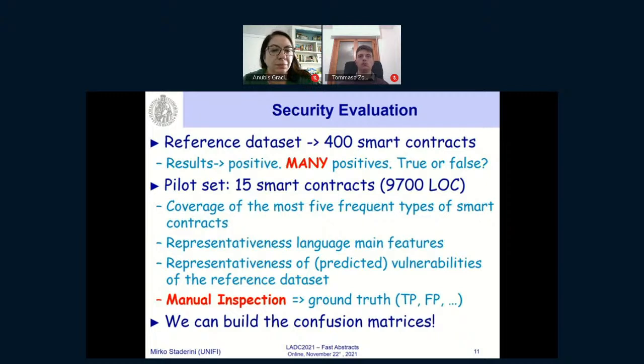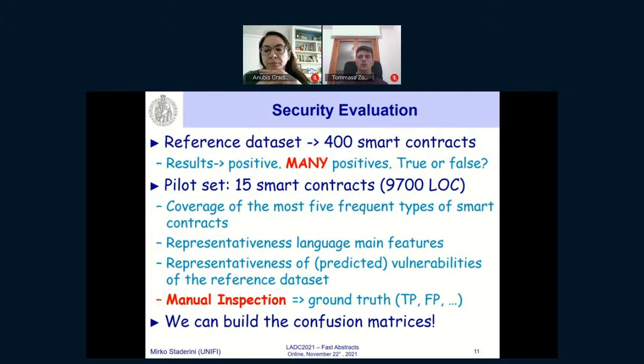It represents the vulnerabilities of the reference dataset. It means that it represents the predicted vulnerabilities, because we know that tools predict only positives. And after that, we manually inspected all the lines of code, determining the ground truth.